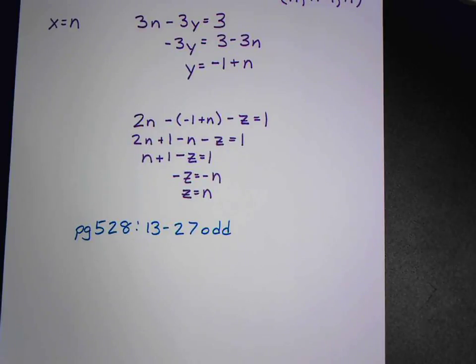Just type in your email address. It's required from Newman. It's anonymous, so you can say bad things about me. I don't care. But I need to email it to you so you have the link instead of writing it on the board and making you copy it down and type in all the little letters and stuff. So just type in your email address and I'll send it to you.